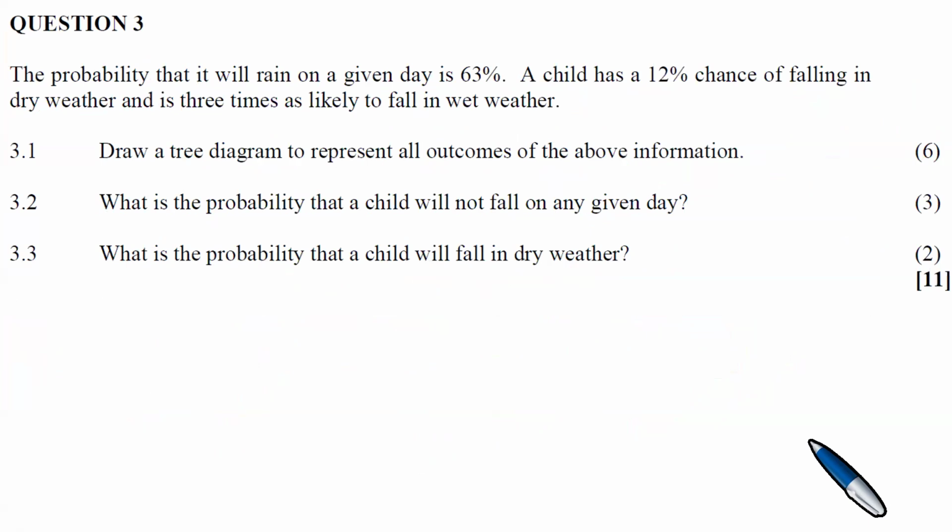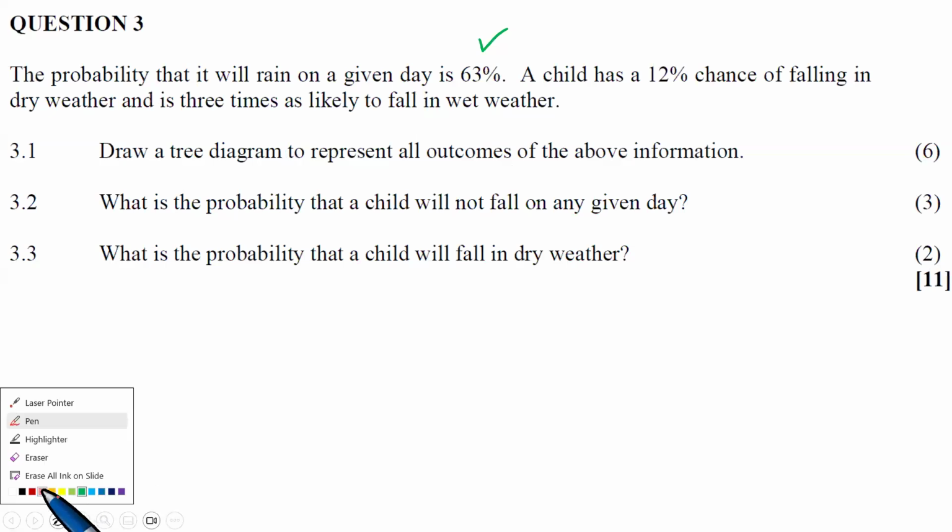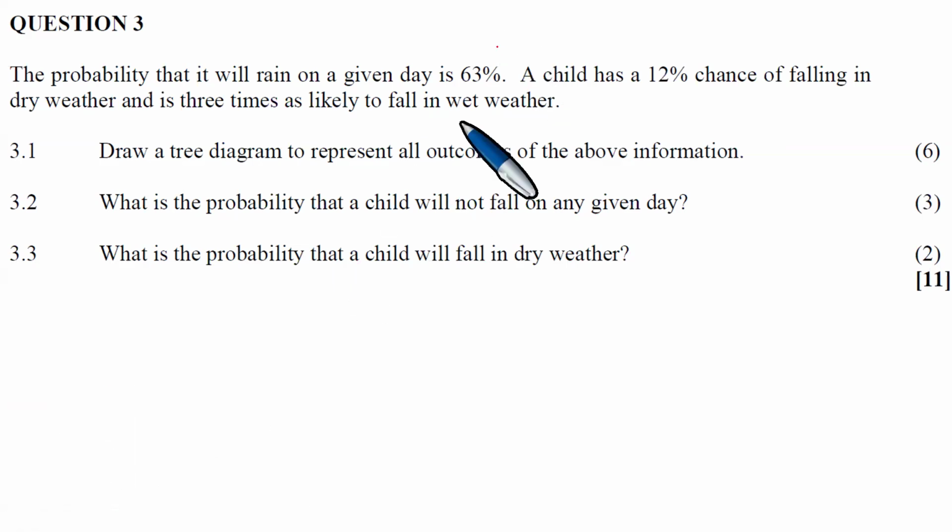Now, one thing that is very important as we are discussing this, and this is our last question on the probability theory for today, it's going to be the tree diagram story. The probability that it will rain on a given day is 63%. It might rain, and the chance is 63%.